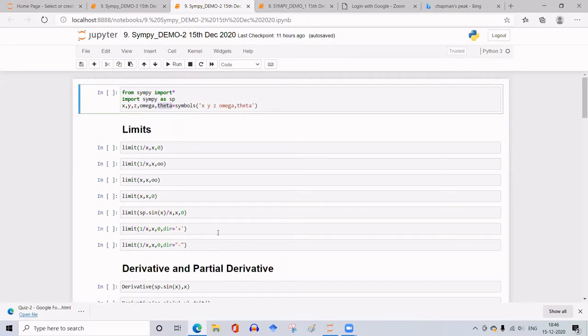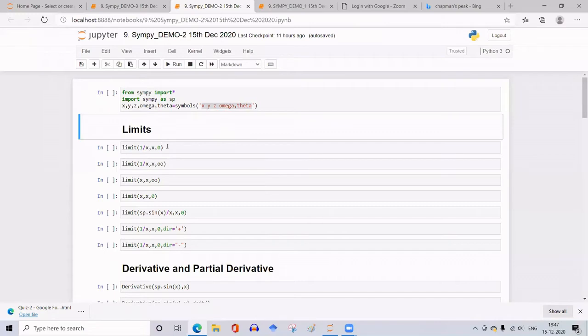I have taken them because my further examples will use them. So omega, theta, x, y, z, all these are taken as variables and we are defining them as symbols. Within quotes and within parentheses, separating them by comma or space, write all the variables in the same order that you have written on the left-hand side of the equal sign: x, y, z, omega, and theta.